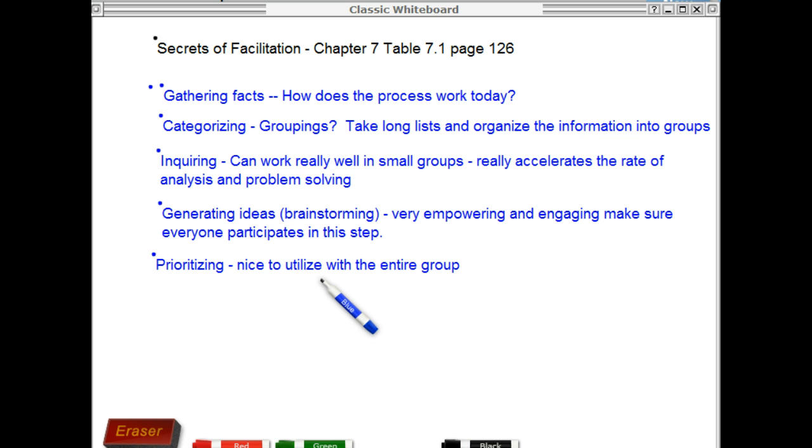Asking which of these solutions is best allows us to go after the solution which seems to hold the most promise first. And getting everyone's consensus on this particular item is a very powerful way of making sure that we have everyone's buy-in and add-in as to what we should go after first in order to make things better.